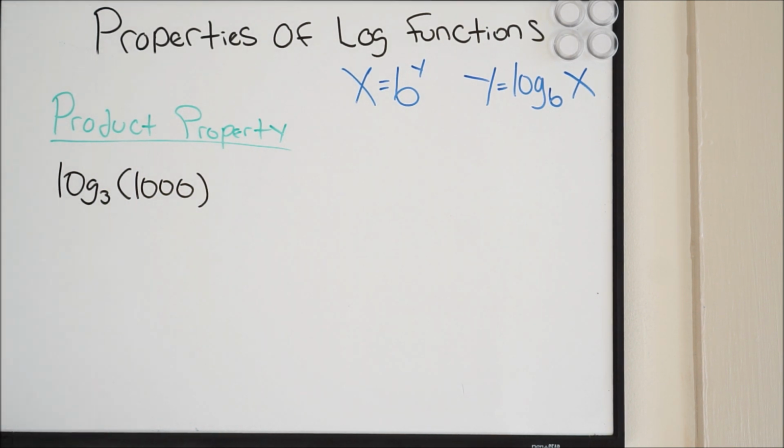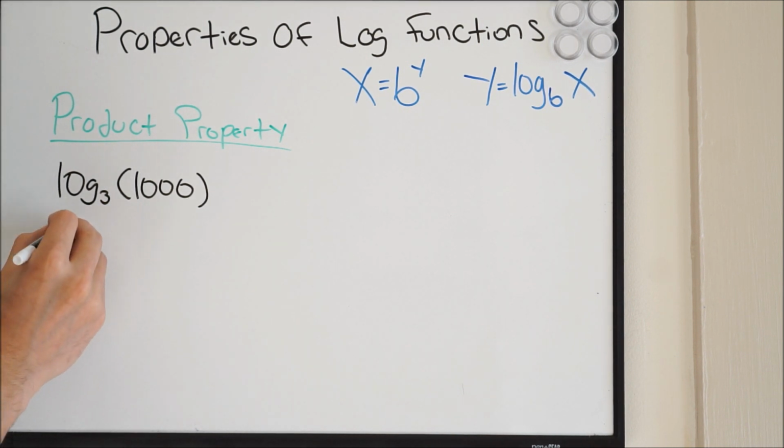Alright, so I want to try to evaluate this by hand. I don't want to use a calculator. Now, how could I do this using the properties of logs? Well, using that same knowledge of the properties of exponents, we're going to apply this here. And what I want you to think about is how can we rewrite this on the inside? Mathematically, how can we rewrite this so it's still the same?